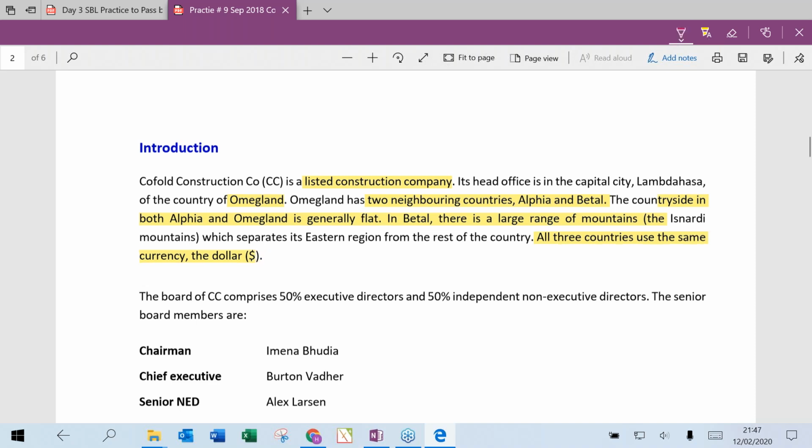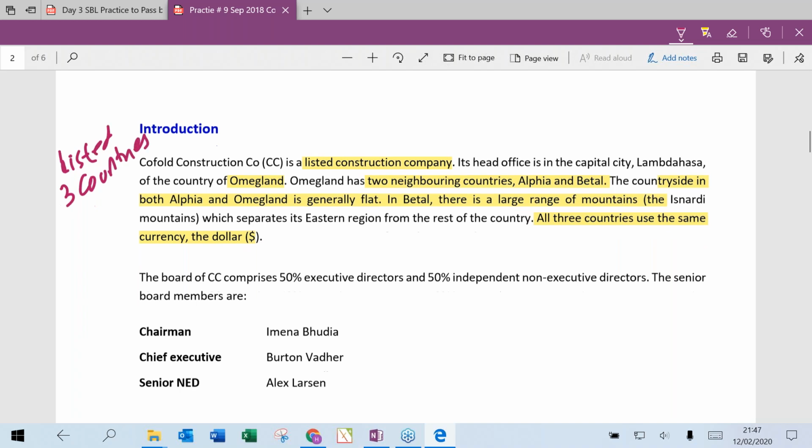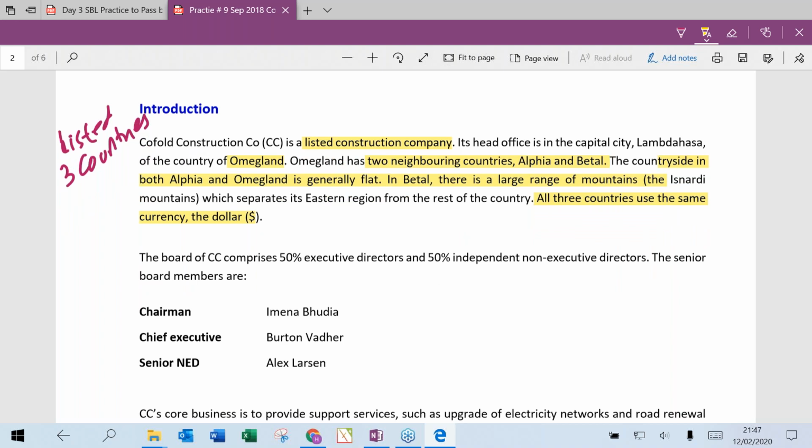Okay, so what's the important thing? It's listed. Three countries. That's it. The board of CC comprises 50% executive directors and 50% independent non-executive directors. Bingo. Very good.